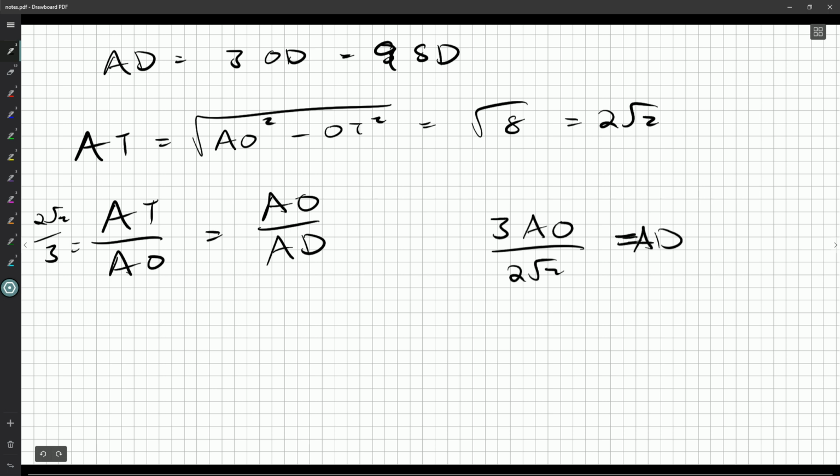But AO is 3, so we get 9 over 2 root 2 is AD. And that's 9 times SD, so SD is 1 over 2 root 2.